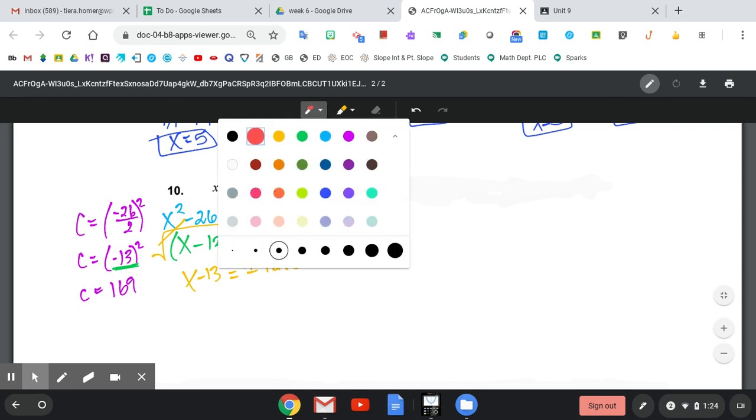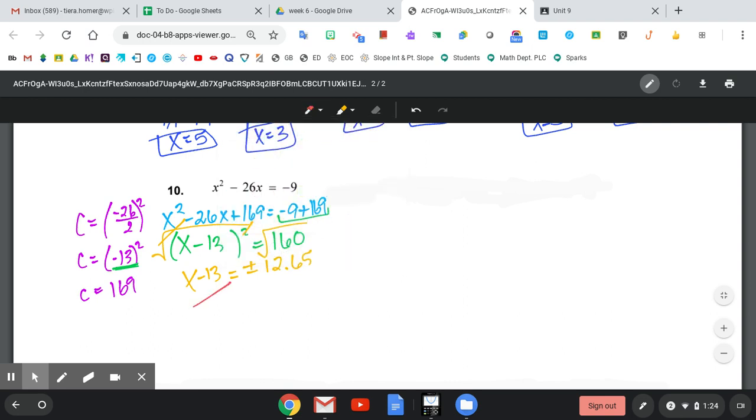Then we're going to split into two equations. So x minus 13 equals 12.65, and x minus 13 equals the negative 12.65.